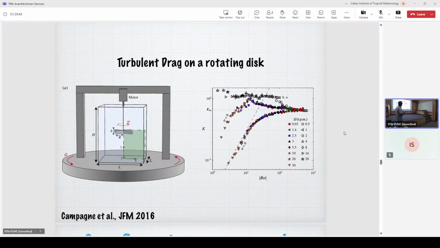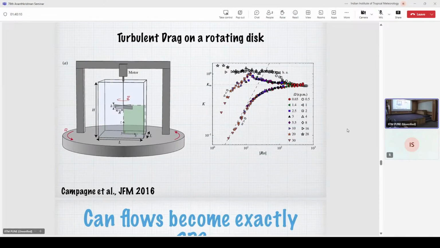And what they see is that for very low rotation rate or very large Rossby numbers, the dissipation or the power that is required is a constant, which is basically the turbulent scaling. Whereas as you increase the rotation or reduce the Rossby number, you can see that it transitions to a laminar kind of scaling. So experimentally also, you see this transition from turbulent to laminar scaling.